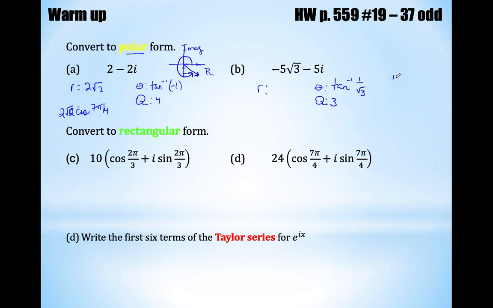So being pi over 6 in the third quadrant, I need 7 pi over 6, and r is 25 times 3, which is 75, plus 25 is 100, square root of 100 is 10. So this is 10 cis 7 pi over 6.